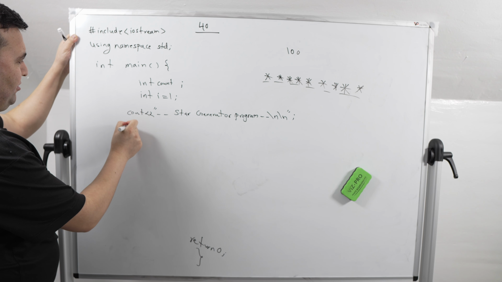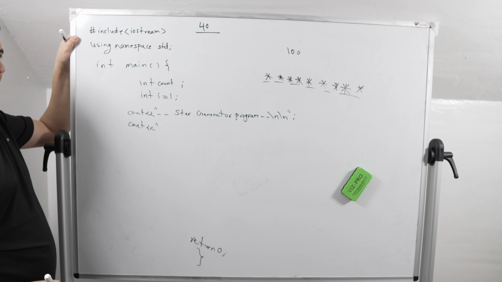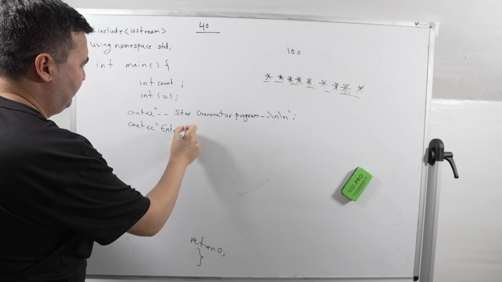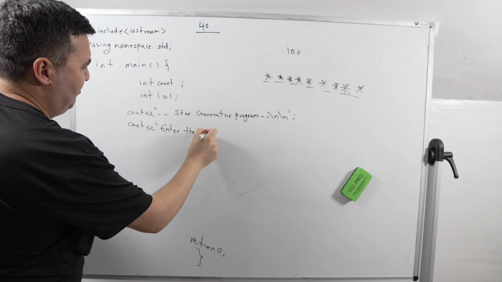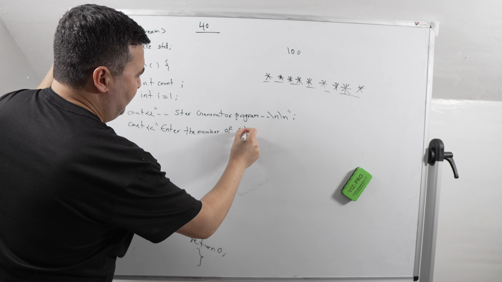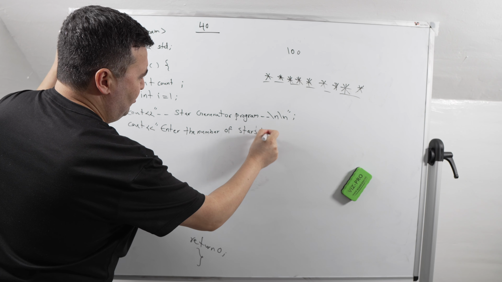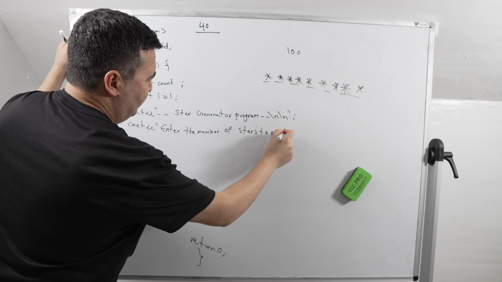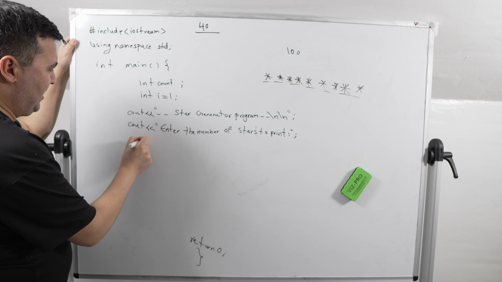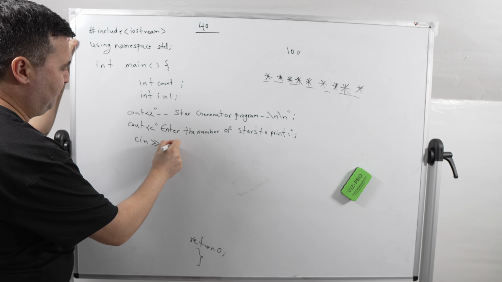And then I ask the user with cout to enter the number of stars to print. Quotation and semicolon. Now we take that input from the user and store it inside the count variable.